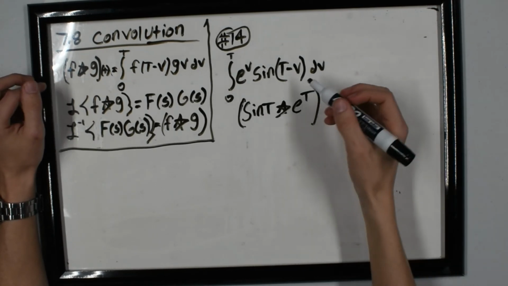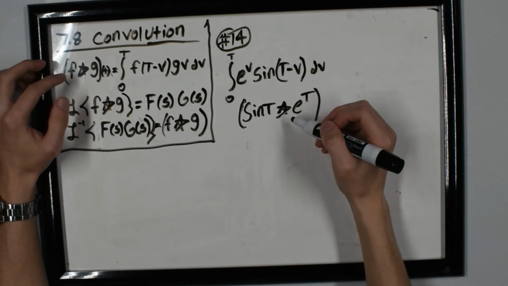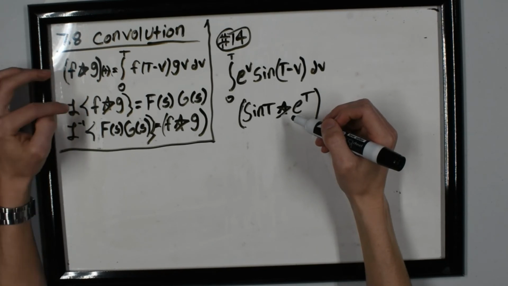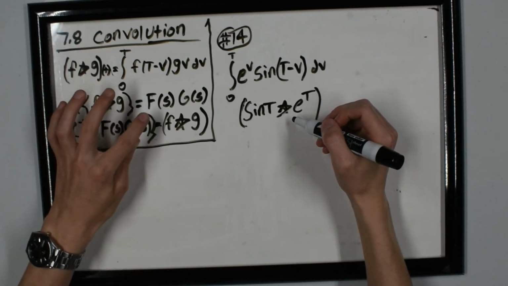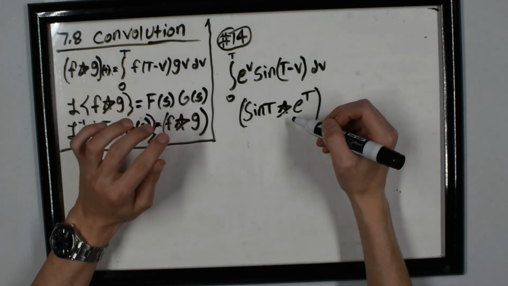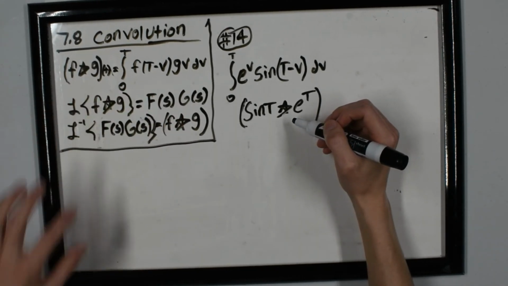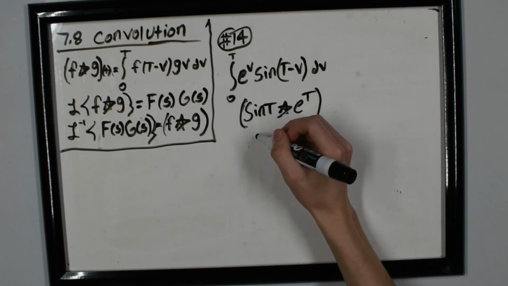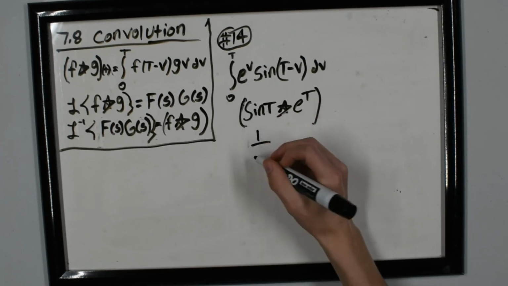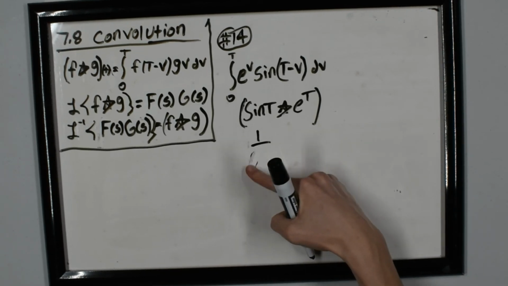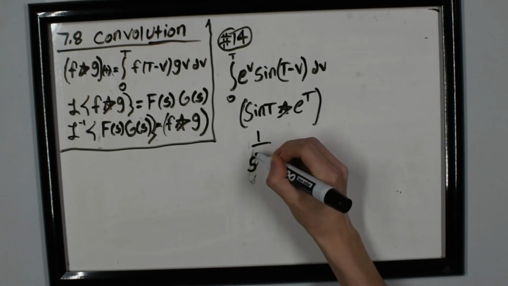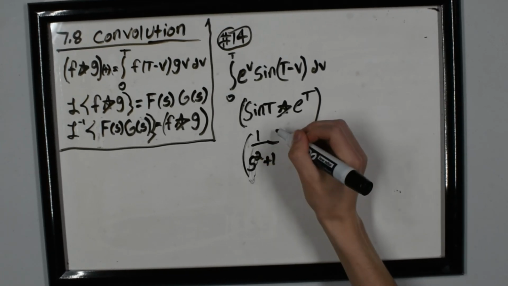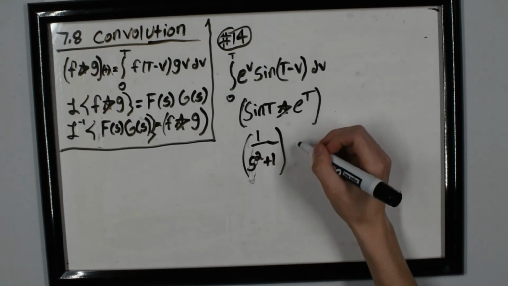But how do we find the Laplace transform? Well, we're going to use this property, where this property says the Laplace transform of f times the Laplace transform of g is the Laplace transform of this. So, not too bad. The Laplace transform of sine t is just 1 over s squared plus 1, times e to the t, well, that's 1 over s minus 1.